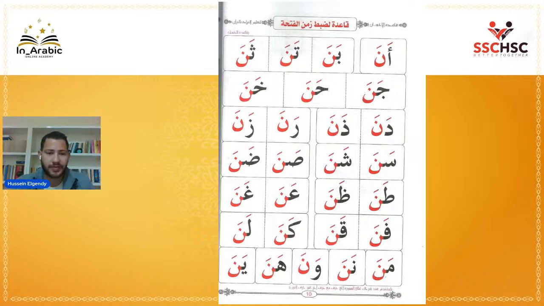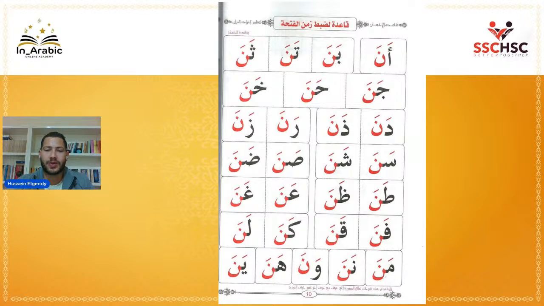Just to refresh what we have been doing the other day in the second class: we have this book called الطريقة البغدادية, and this book specifically is about how to read the Arabic alphabet and how to get to know the difference between the letters, the sounds of the letters, and the harakat, which is the vowels.